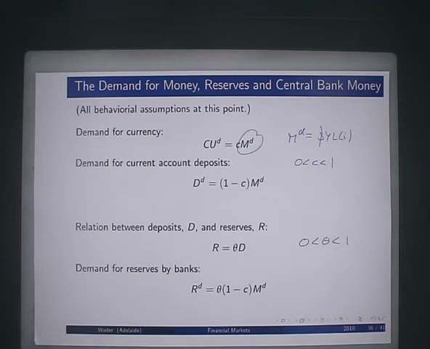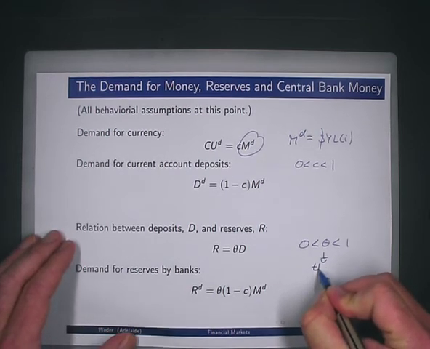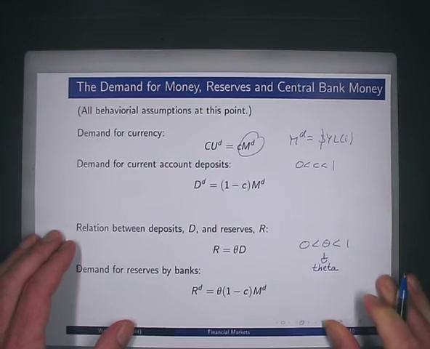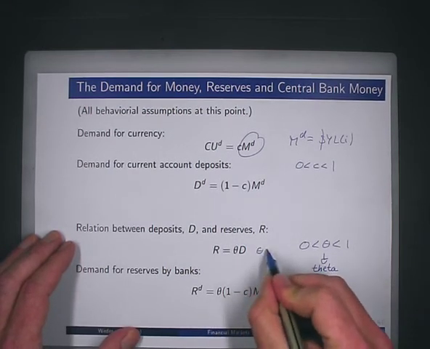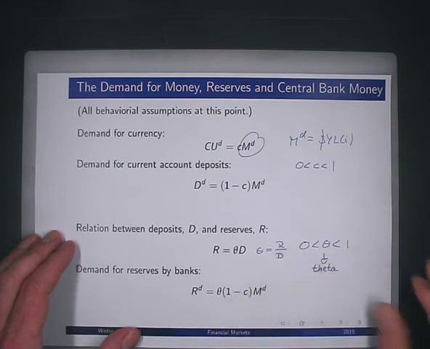This parameter theta is again between 0 and 1. It's simply R, the reserves, divided by deposits.